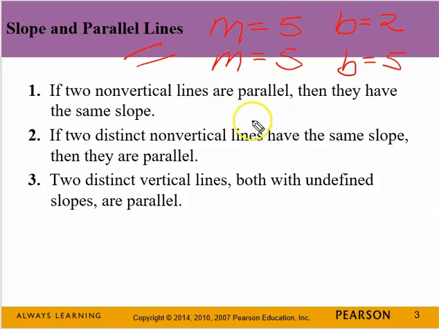Now, this applies to whether they're horizontal or vertical. This one would be positive slope, and something like this would be negative slope. Okay, some background.